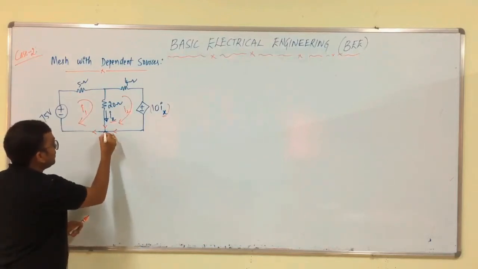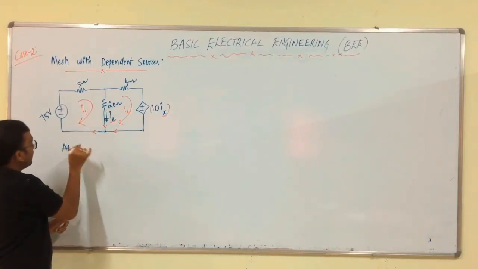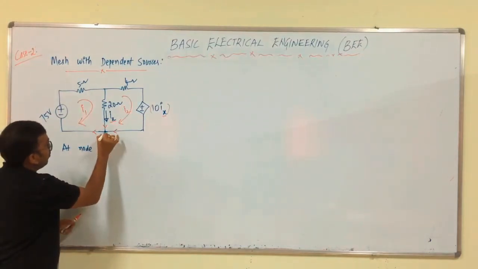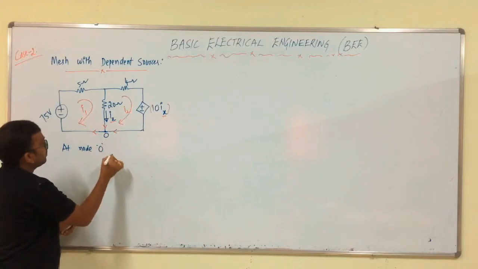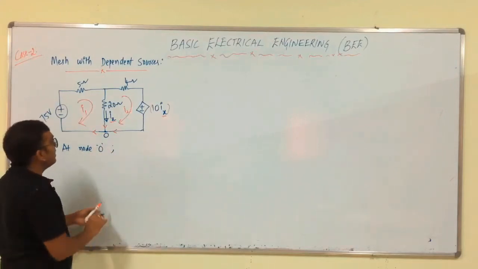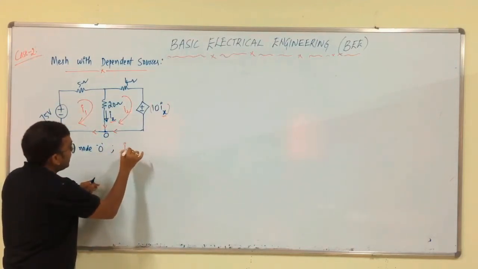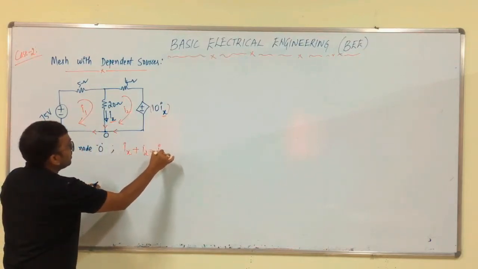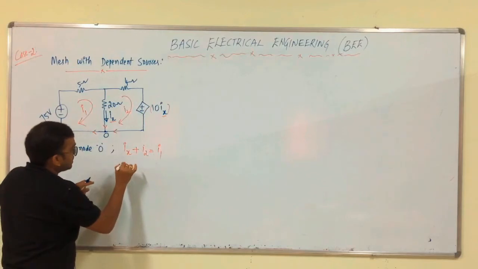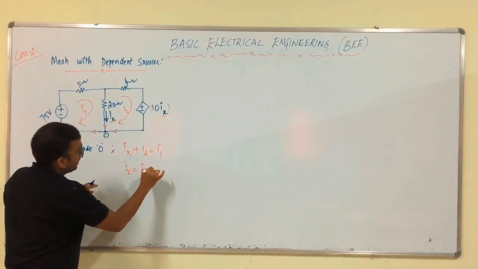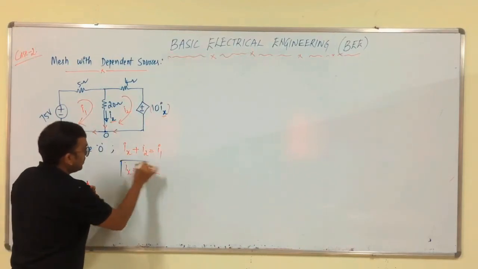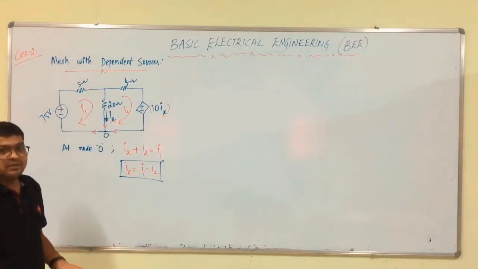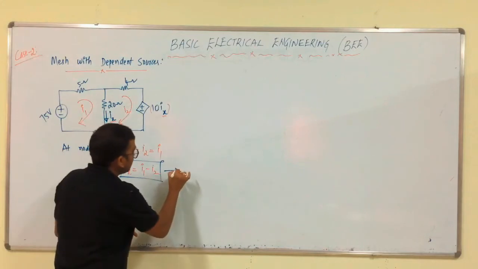From the circuit at this node O, KCL: entering current Ix plus I2 equals leaving current I1, no? From this Ix equals what? I1 minus I2. Same, I1 minus I2. Okay? This is equation 1.